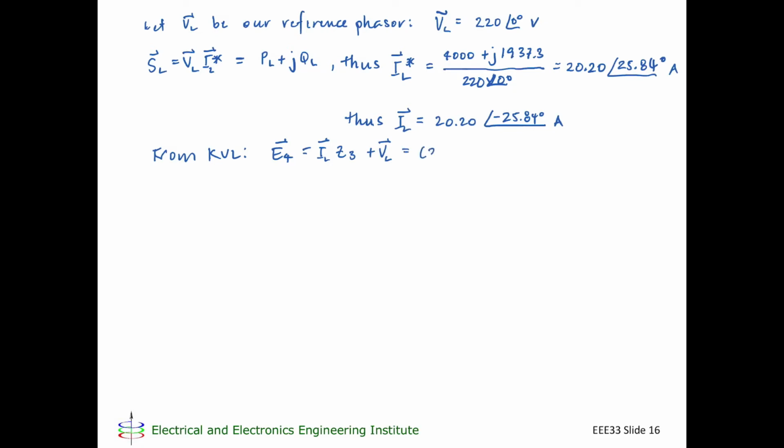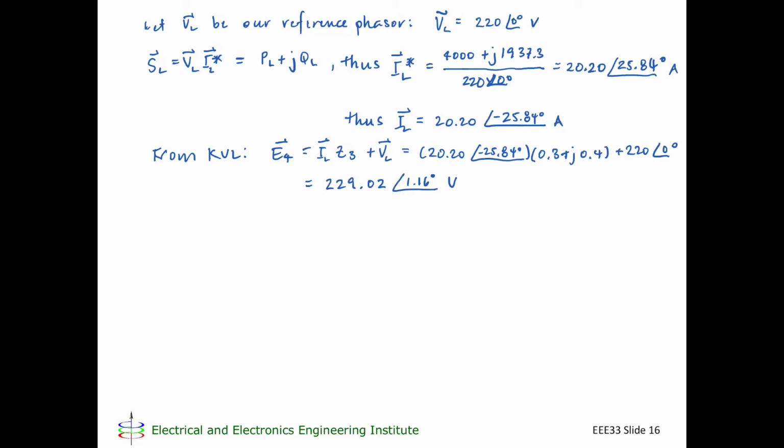So this is 20.20 at an angle minus 25.84 degrees multiplied by 0.3 plus j0.4, plus 220 at an angle 0 degrees. And using our calculators, we come up with 229.02 at an angle 1.16 degrees volts.